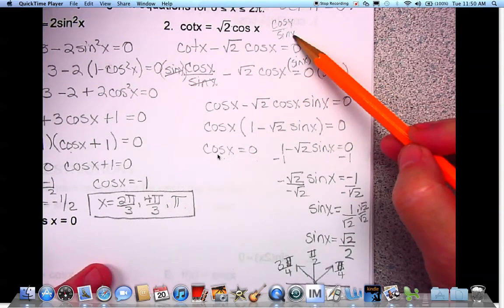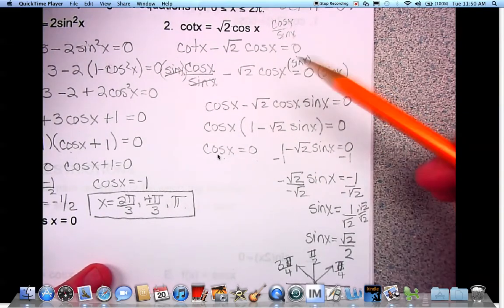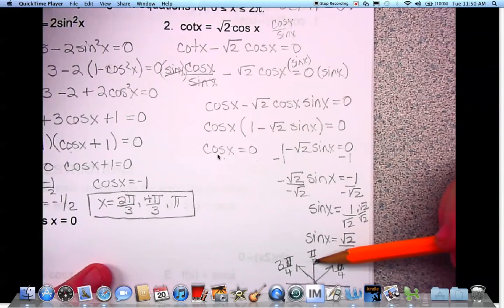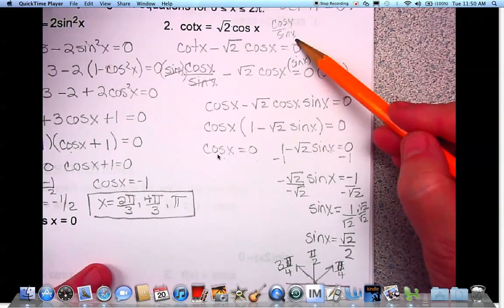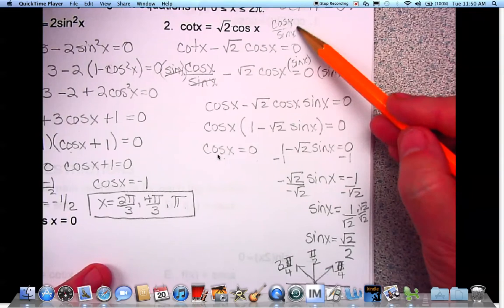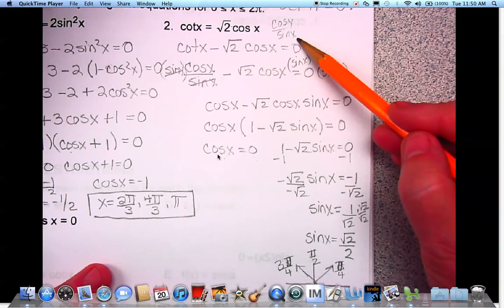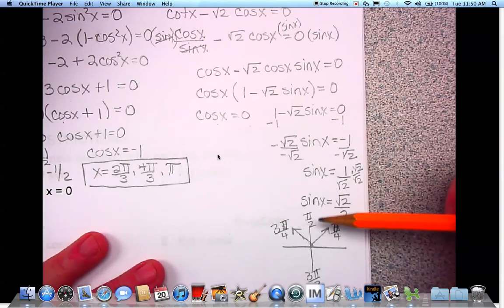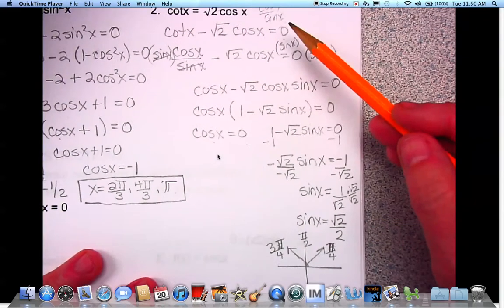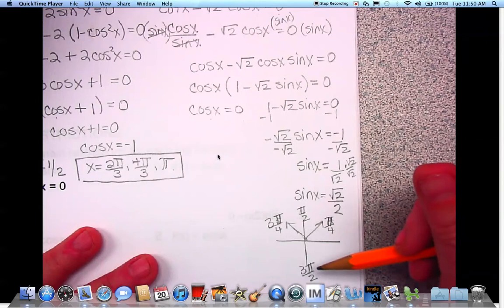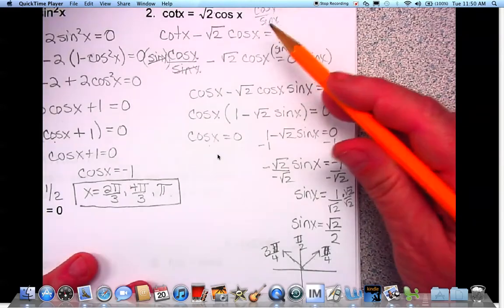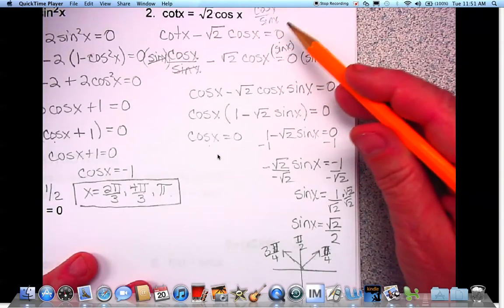If I plug in pi over 2, I can do the cosine of pi over 2. Well, what's the sine of pi over 2? 1, and we're okay. And if I plug in 3 pi over 2, the sine of 3 pi over 2 is negative 1, and that's okay. You can have a negative 1 on the bottom. You just can't have a 0 on the bottom, right?